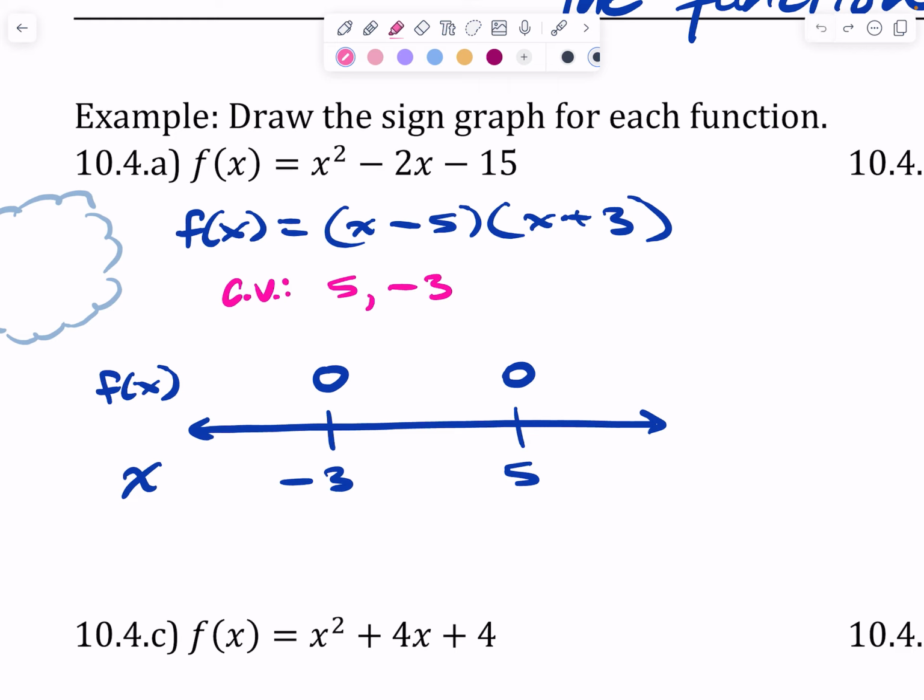That's what that says. And when x is 5, f of x is 0. That's what that little area says. What we need to know will be the signs of these three regions we've partitioned this number line into. And each one, wondering, is it going to be something that's positive or something that's negative? There's a number of ways we can figure it out.